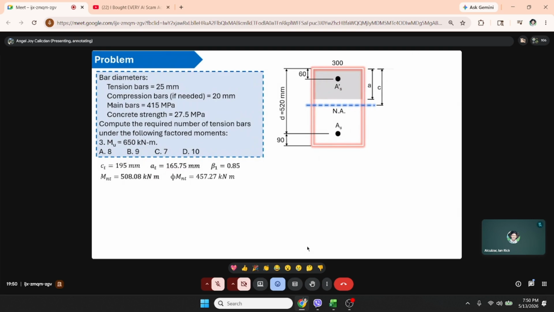And for the third part, Mu is 650 kN-m. And we notice na mas dako na siya sa VMNT. Therefore, doubly reinforced na siya.